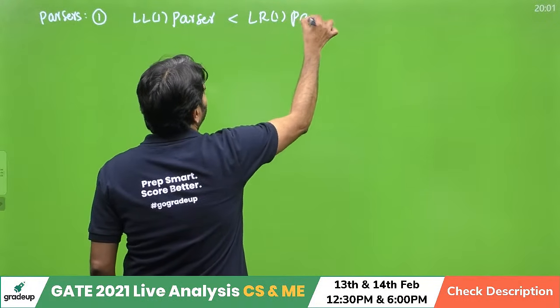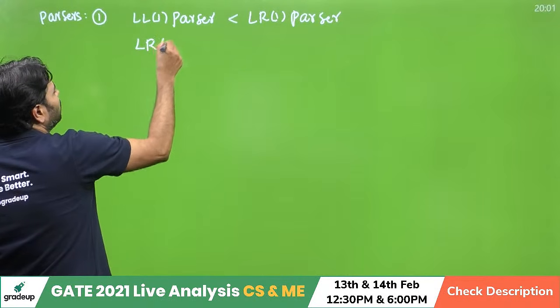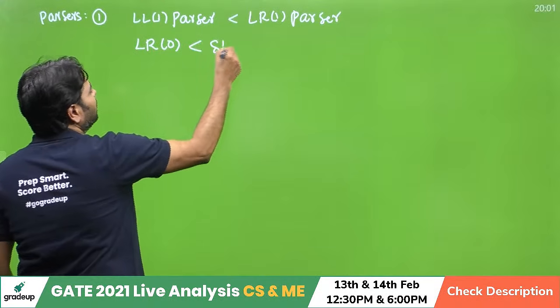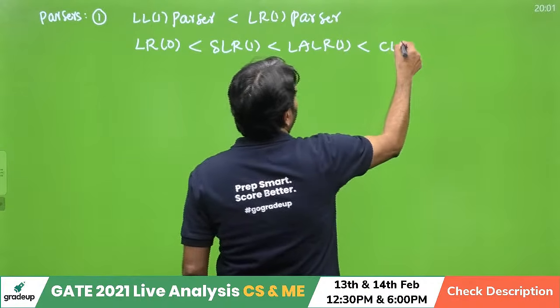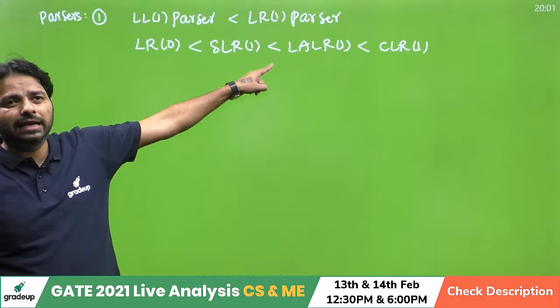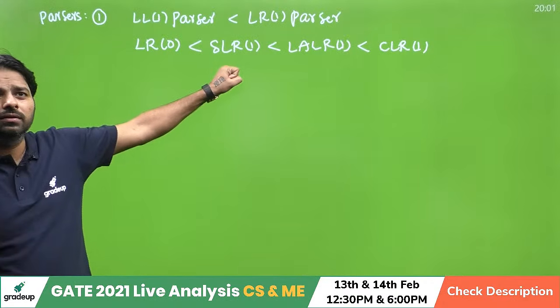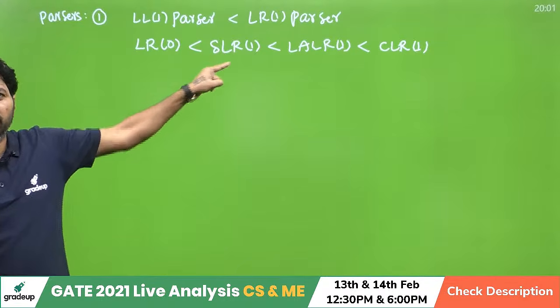Everybody agree? And not only this, the LR0 parser is less powerful than, come on guys, direct questions. Have you seen there are 2 to 3 GATE questions only on this relation? Agree?